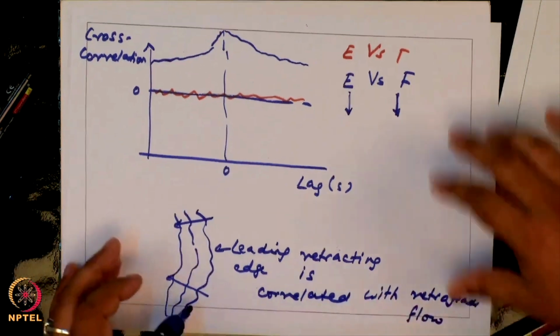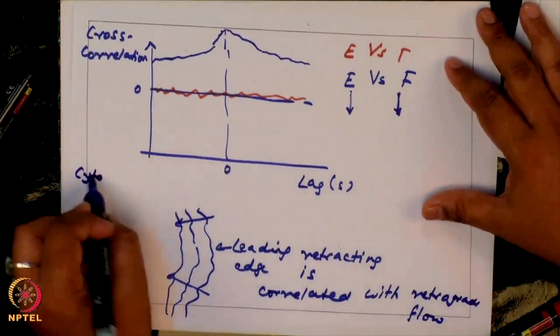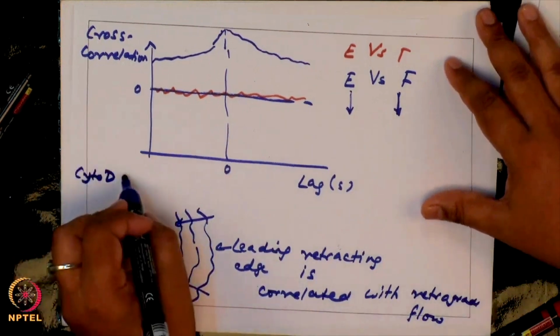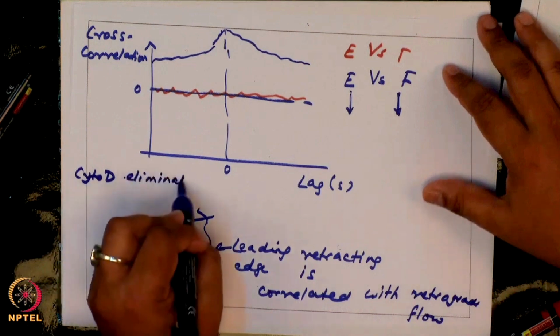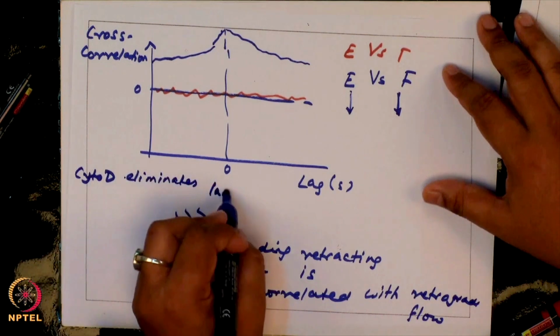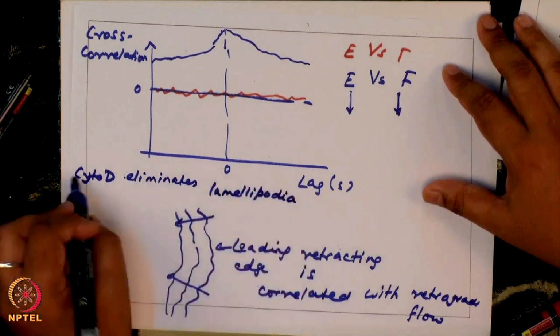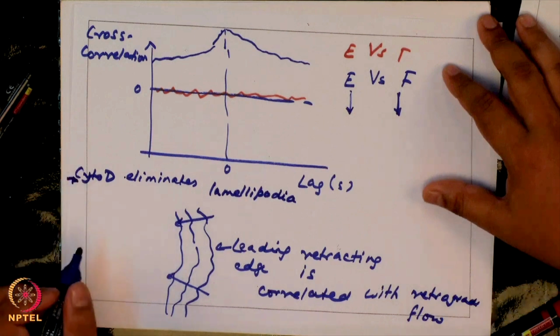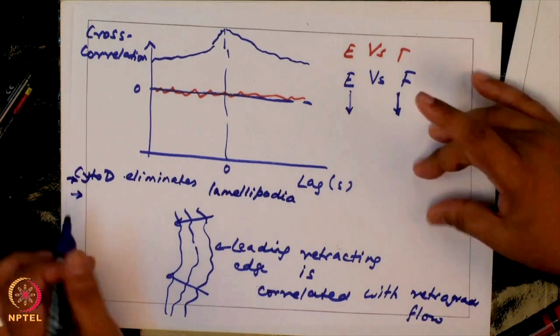So, this suggests that cytochalasin D eliminates the lamellipodia. Then in that case, what drives the retraction?